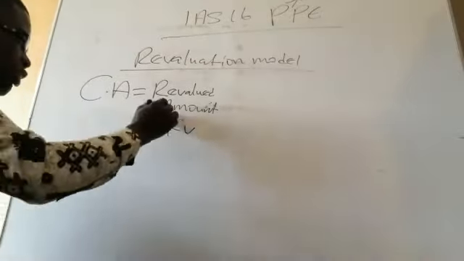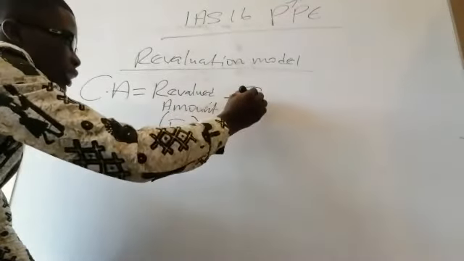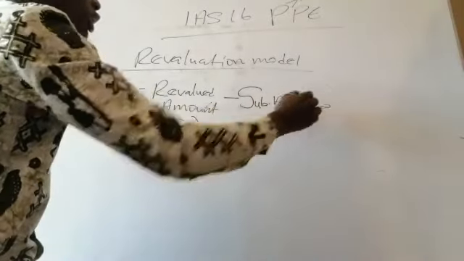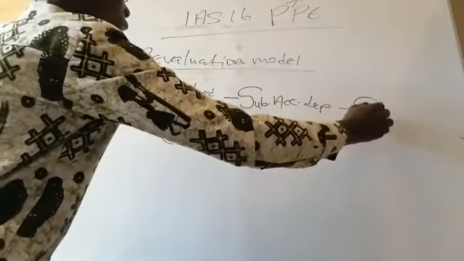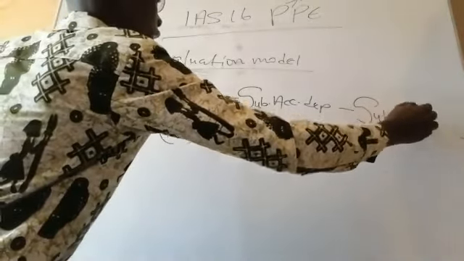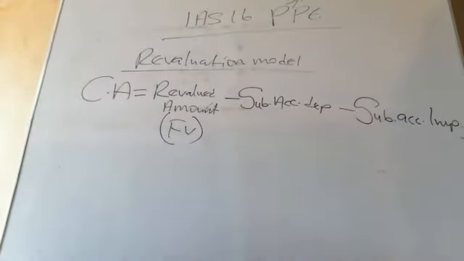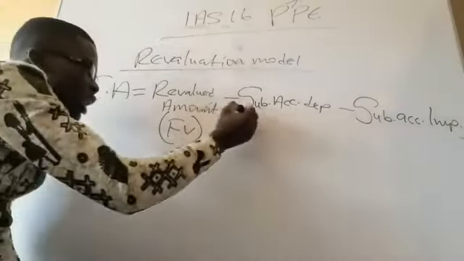So revalued amount, also called fair value, less subsequent accumulated depreciation, less another subsequent accumulated impairment loss. So that is the current amount under the revaluation model. Get the revalued amount, less any subsequent accumulated depreciation, less any subsequent accumulated impairment. Why subsequent? I will explain.